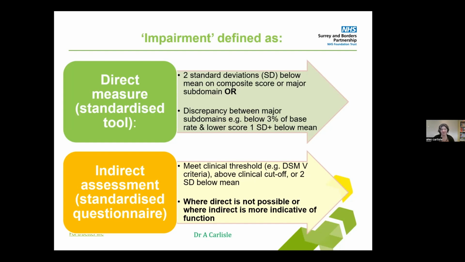There are also reasons why indirect assessment would be beneficial, especially for executive functioning assessment. The definition of impairment in a direct assessment would be 2 standard deviations below the mean, or a major discrepancy between 2 scores, where the lowest score is at least 1 standard deviation below the mean. A major discrepancy only happens in less than 3% of the population. And there are tables that you look at to check whether it meets those criteria.